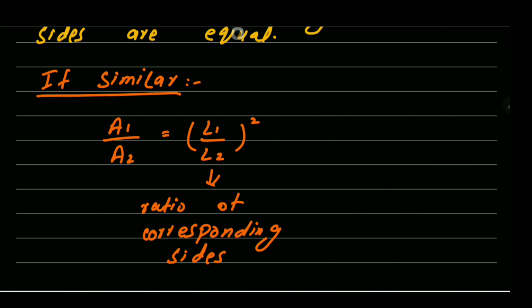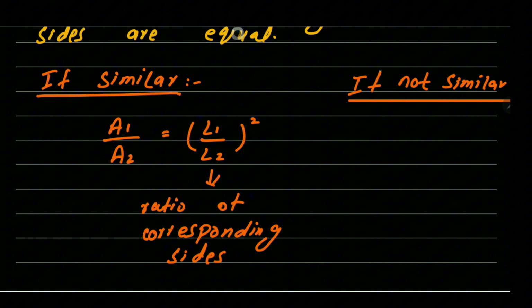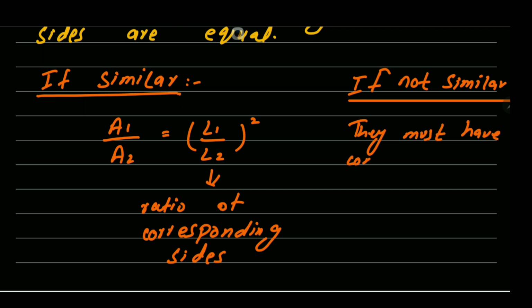If triangles are not similar, then they must have common height.